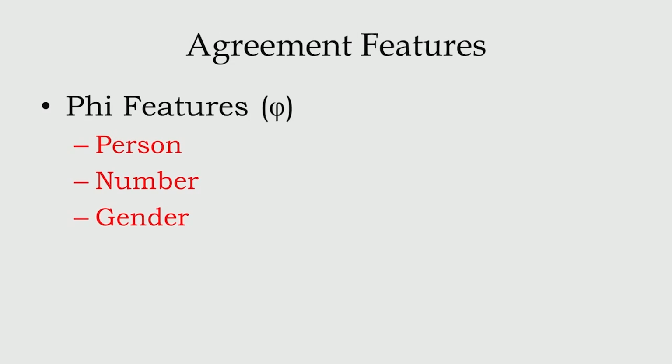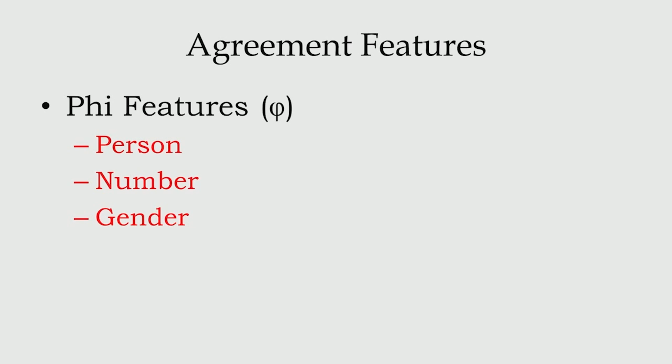So now we have three: number, person and gender. We will look at them again, and we will look at them together. The bunch of these three features is indicative of agreement, and these things are going to be indicating the relationship between subject and the predicate.